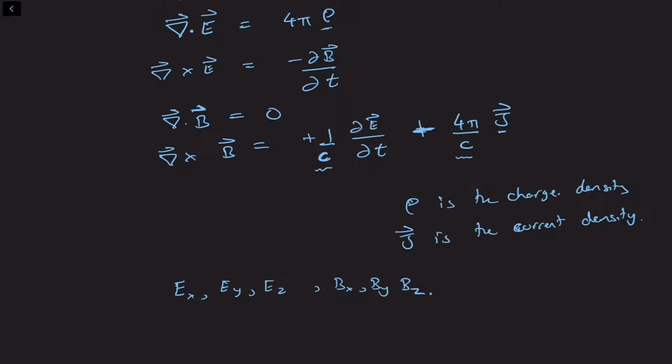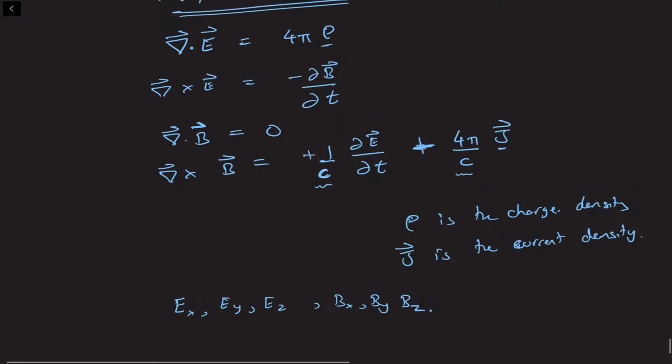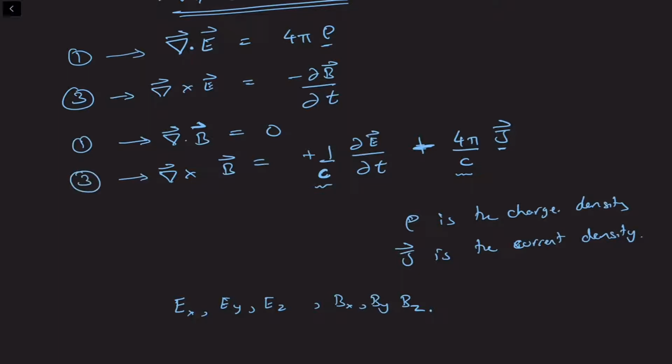So let's count how many equations we have. This is one equation, a scalar equation. This is a vector equation in 3 dimensions, so this is 3 equations. This equation tells us about the absence of magnetic monopoles, which is 1 equation. And this Faraday's law is another 3 equations.